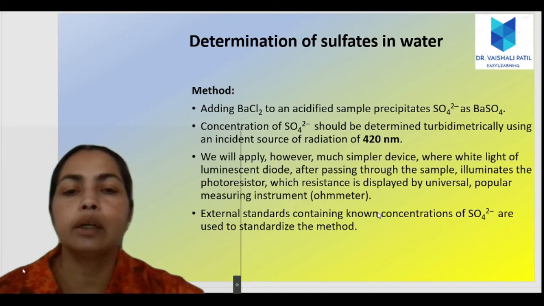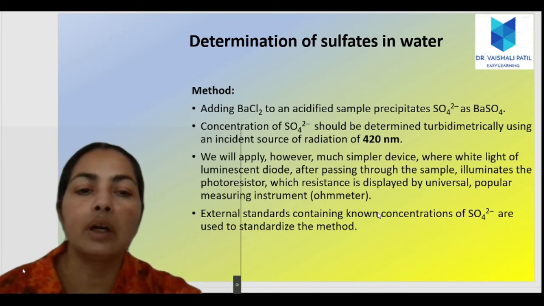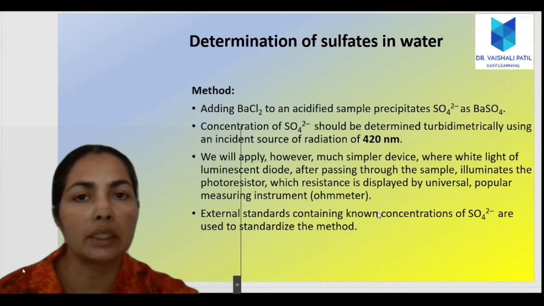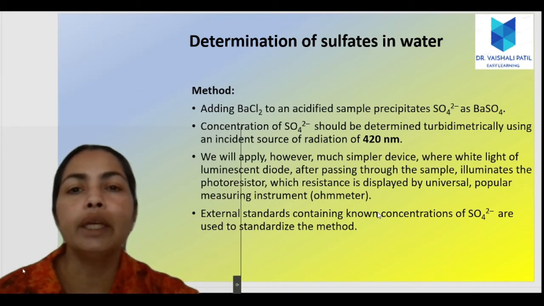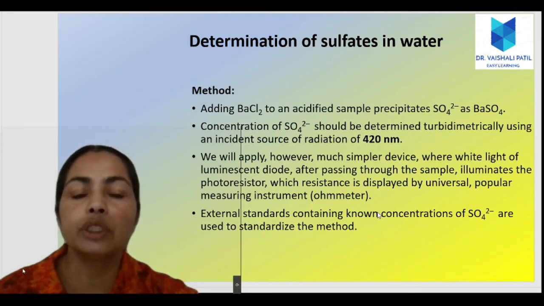In this experiment we will apply a simple device, the nepheloturbidometer, where the white light of a luminescent diode will pass through the sample and illuminate the photoresistor, whose resistance will be displayed by a universal or popular measuring instrument such as an ohm meter.